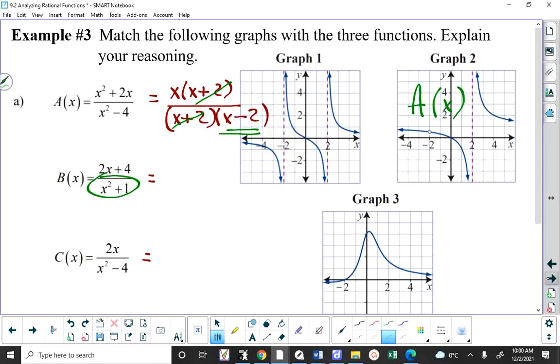And the only graph that is continuous from -infinity to infinity is graph 3, which means this is b of x, which by process of elimination must make graph 1 c of x. In factored form, c of x has 2 factors in the denominator, neither one of which cancels. So you have 2 vertical asymptotes at the 2 non-permissible values, which graph 1 definitely has.